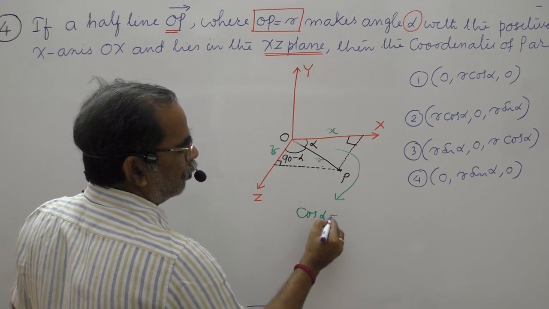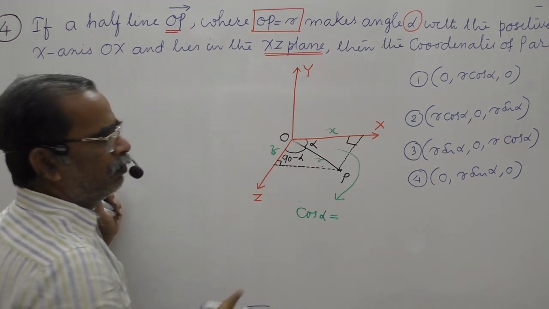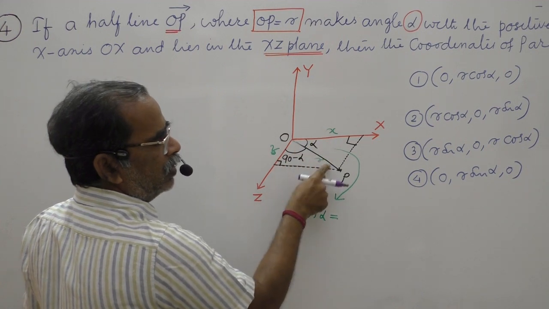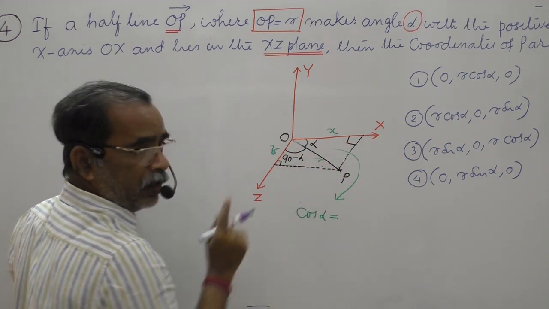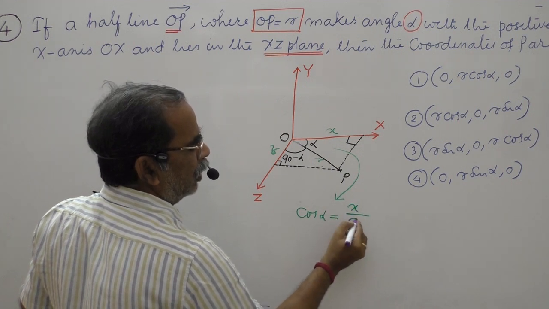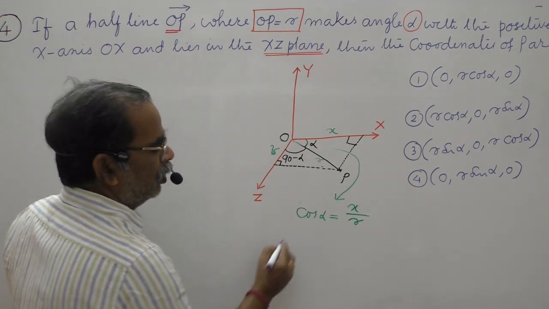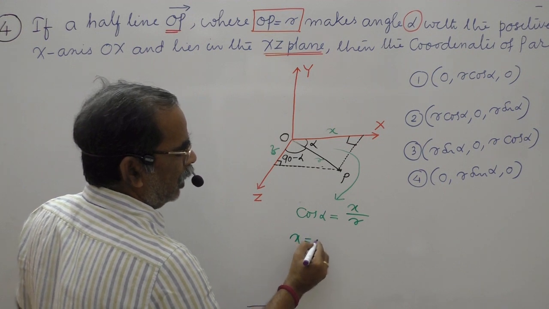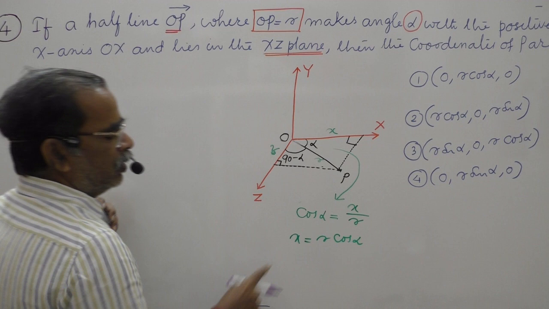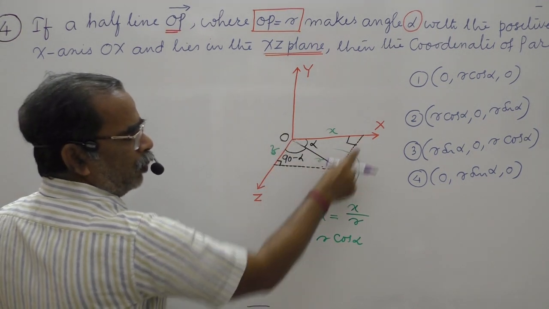Carefully, why am I taking cos alpha? For this angle alpha, this is the adjacent side, it is the hypotenuse. The relation is cos. So the adjacent side is x and the hypotenuse is r. From this, what is the x value? R cos alpha. This is the x coordinate of the point P.